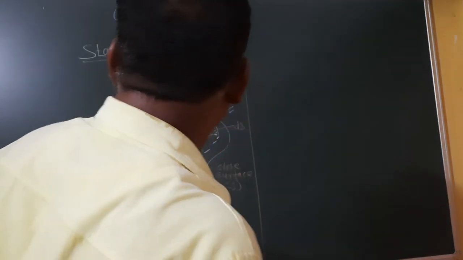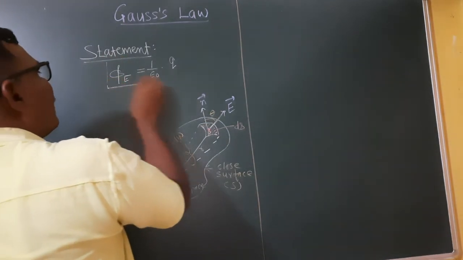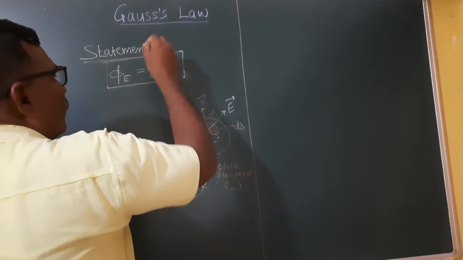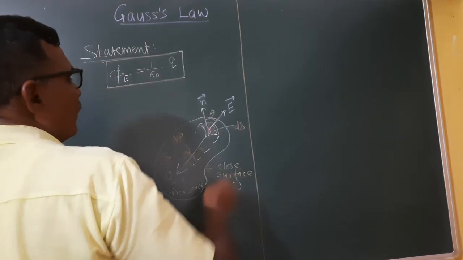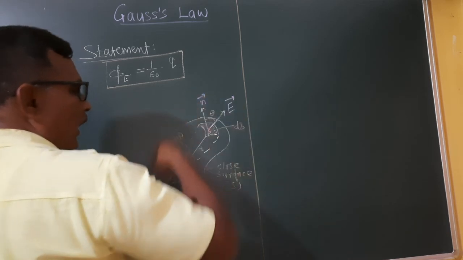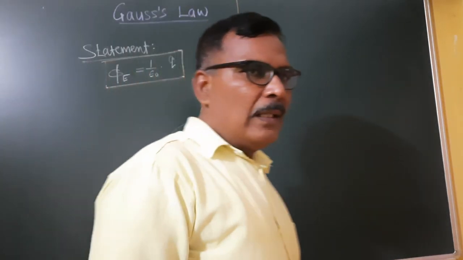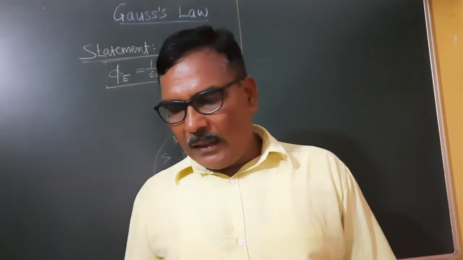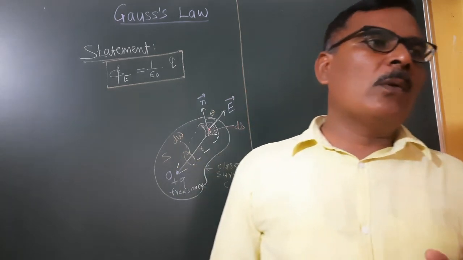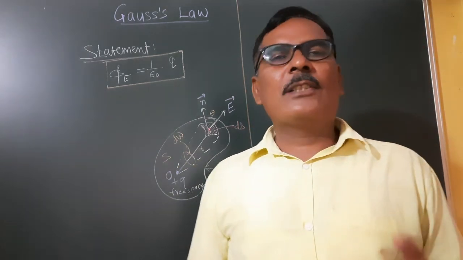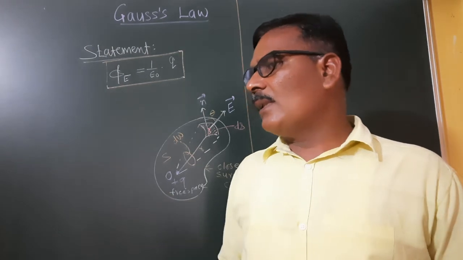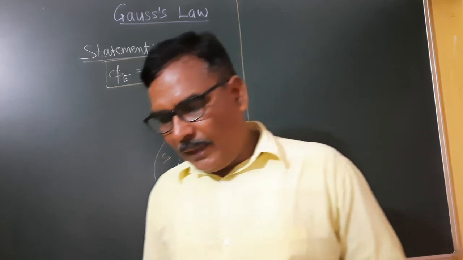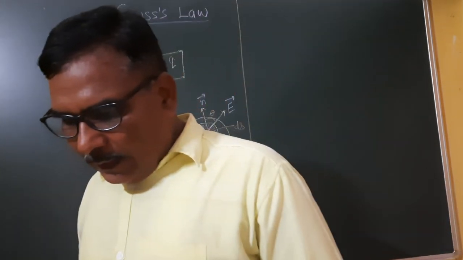This is the statement of Gauss law: the electric flux phi E is equal to 1 upon epsilon 0 times the total charge enclosed in that surface. The charge is considered as Q, and epsilon 0 is the permittivity of free space.